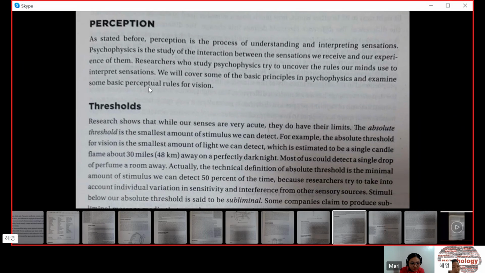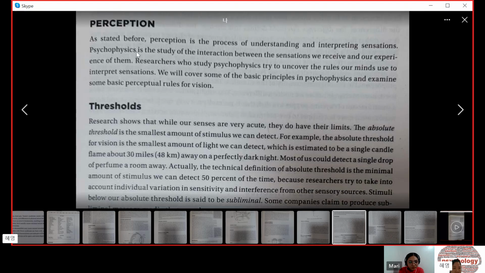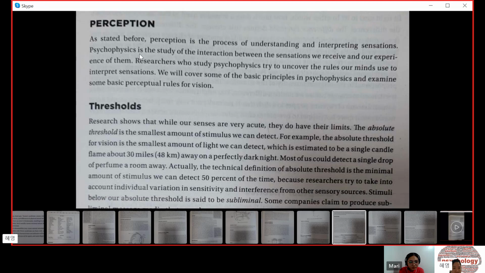And next one is perception. As stated before, perception is the process of understanding and interpreting sensation. So, psychophysics is the study of interaction between the sensation we receive and our experience of them.